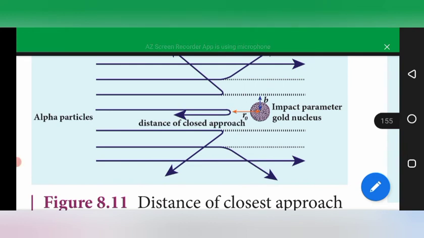This is the minimum distance between the center of the nucleus and the alpha particle, when the alpha particle gets reflected back through 180 degrees. To find this closest approach, all the kinetic energy of the alpha particle is converted into electrostatic potential energy, because kinetic energy can be converted into potential energy. So we have to equate the two values, kinetic energy and potential energy.